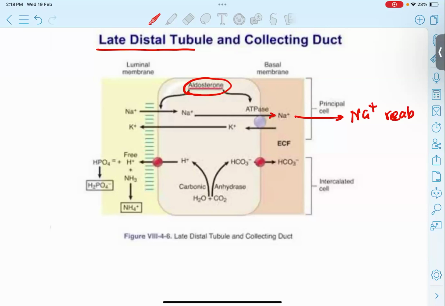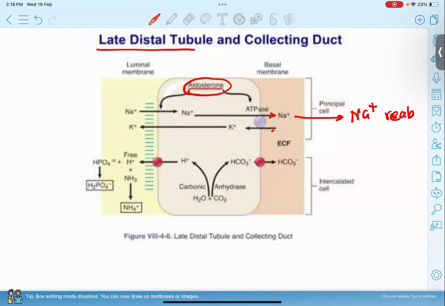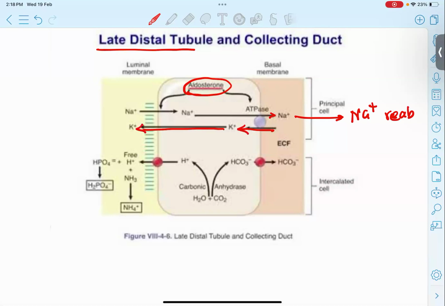So we are reabsorbing sodium, taking it up into the blood. And in exchange for sodium, in this sodium potassium ATPase pump, potassium is going out. Going out where? Luminal. Luminal means urine. So potassium is being secreted into the urine.